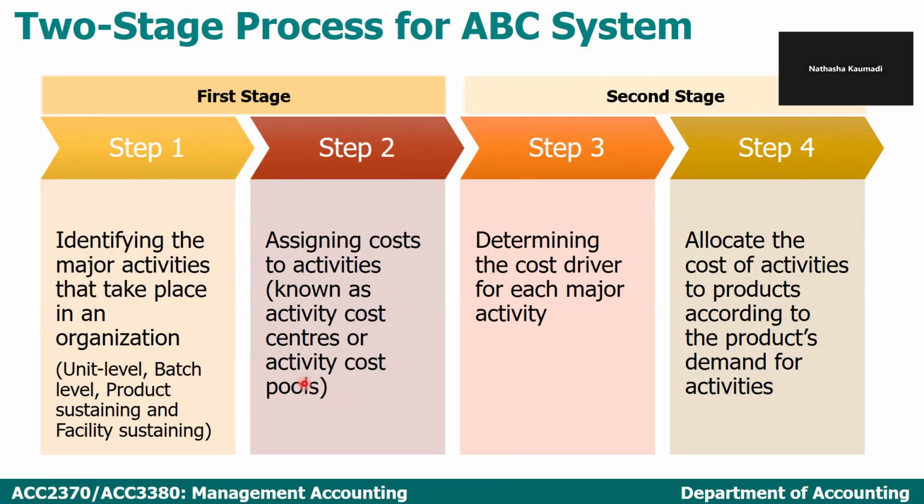Now we have the list of major activities, and we have identified the estimated cost for each activity. Then we determine what drives this activity. We call it the cost driver. If the cost driver increases, the cost of that activity will increase. If the cost driver decreases, the cost of that activity would decrease.